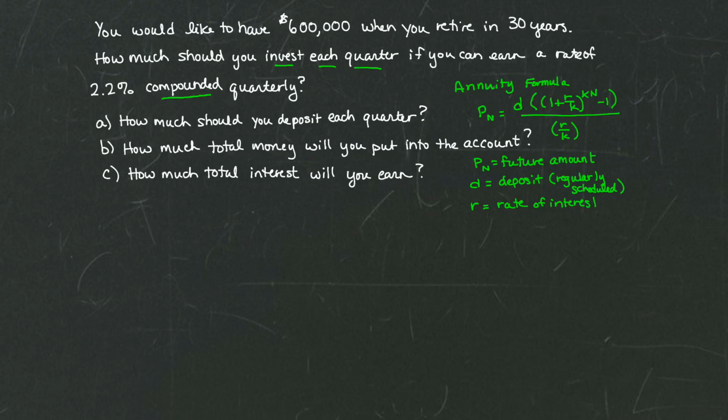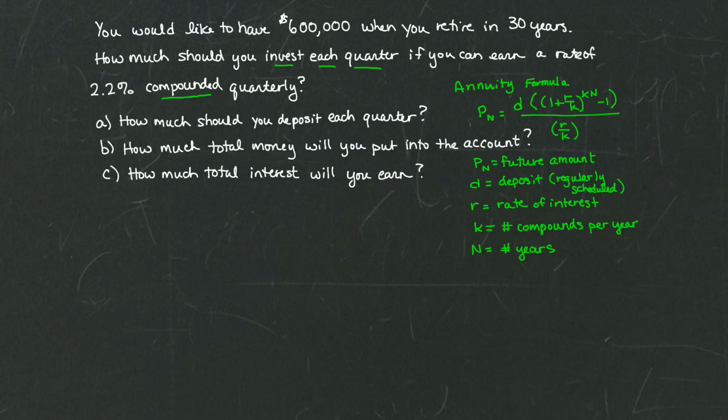The k is how often we're compounding per year. And the n, that's the number of years. So that's our annuity formula. We're going to keep that handy and refer to that as we do this problem.